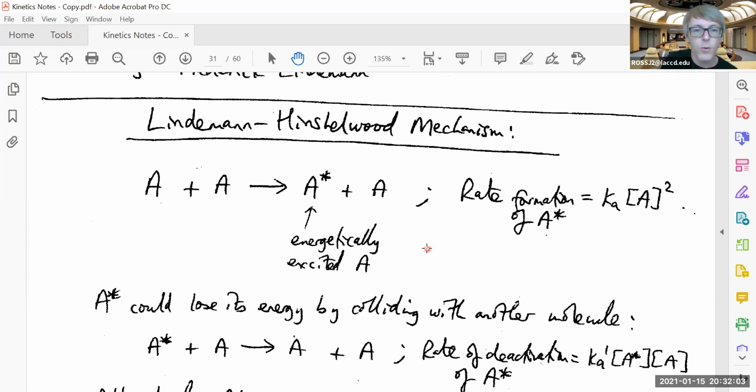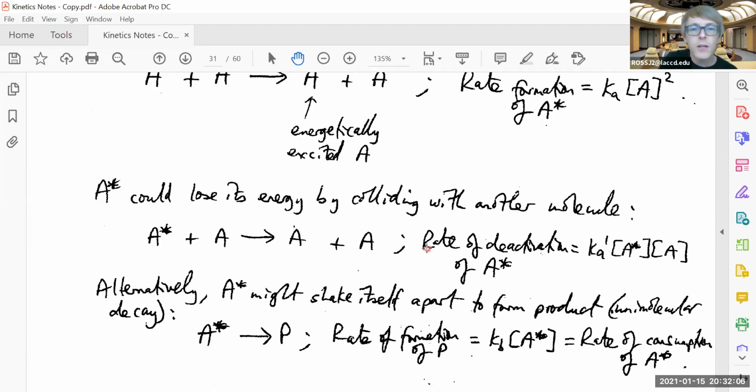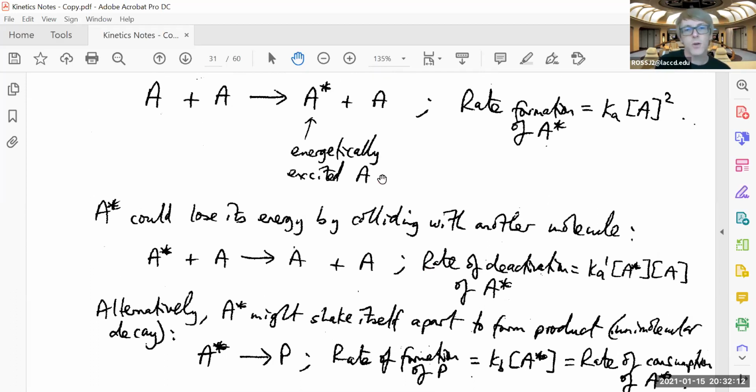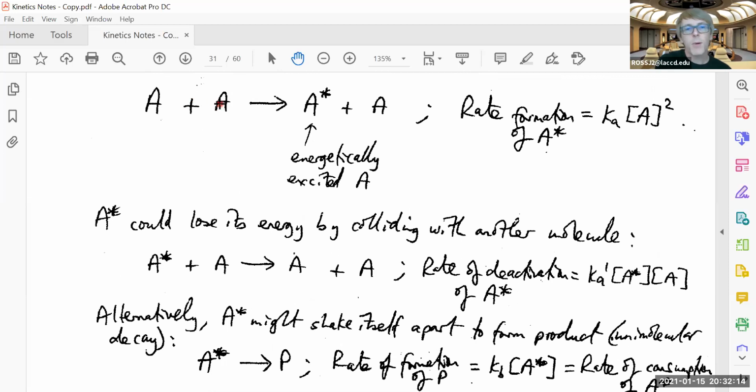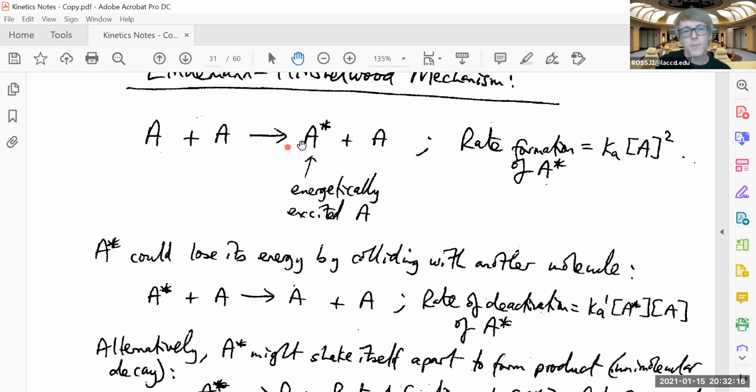Okay, so that's straightforward. A could lose its energy by colliding with another molecule. So you can think of the reverse of this process. A bumps heads with another A, one of them is activated, but then it can bump heads again and undo its activation. It can numb itself again.